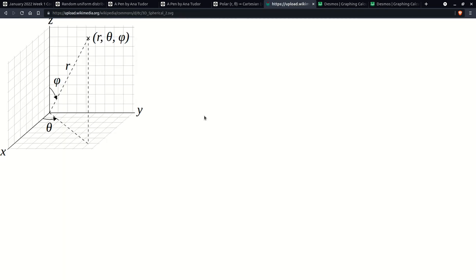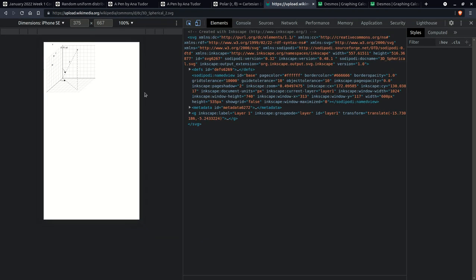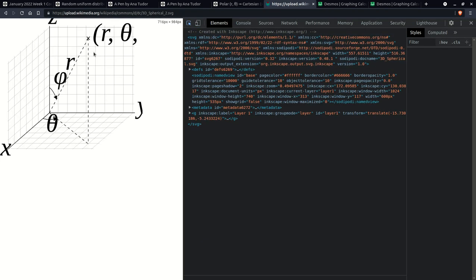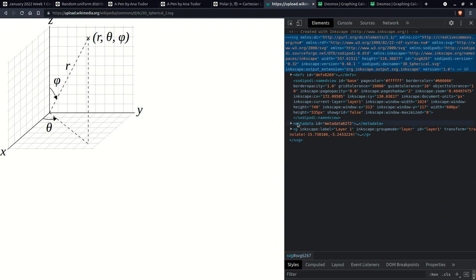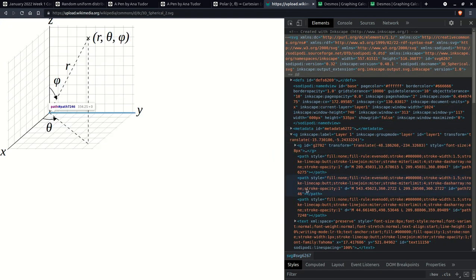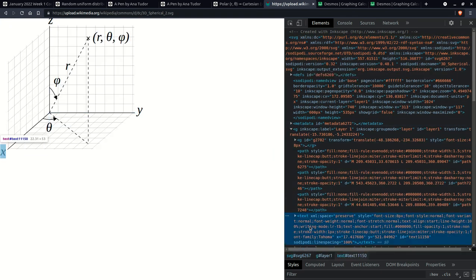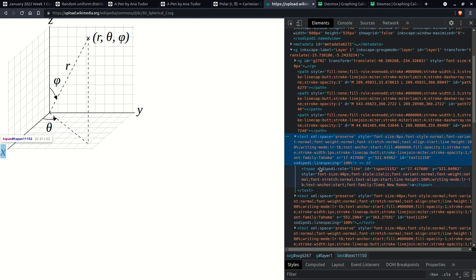But actually, let's make all those changes right here in the SVG. It's nice having an SVG to modify, isn't it? So that is actually going to be the third axis. Let's expand that.